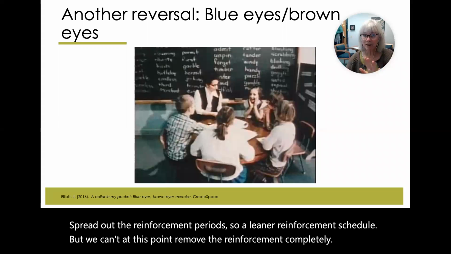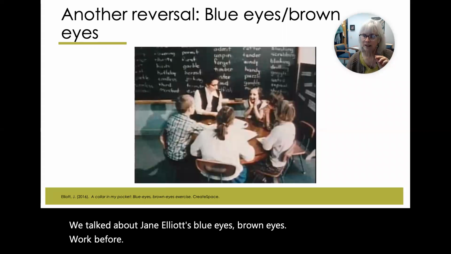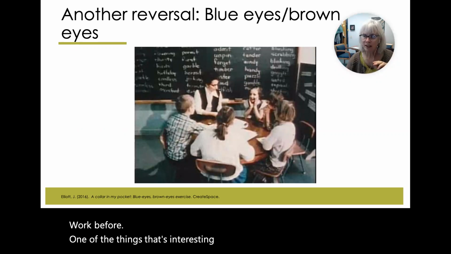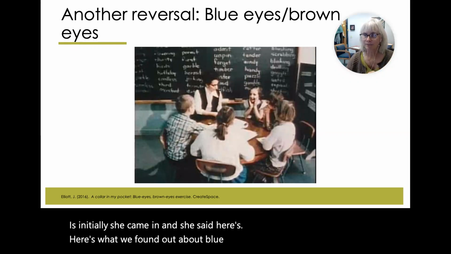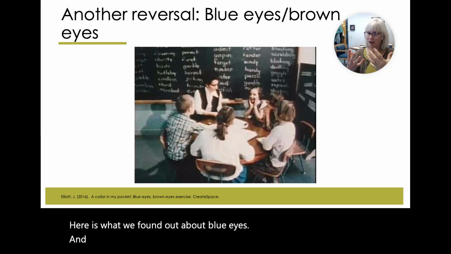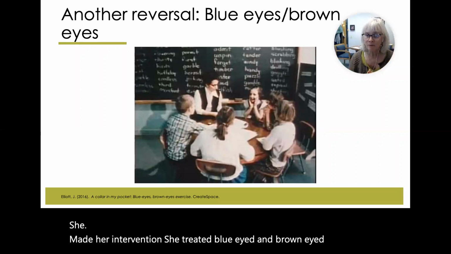Now, we talked about Jane Elliott's Blue Eyes, Brown Eyes work before. One of the things that's interesting in what she did is that initially she came in and said, here's what we found out about blue eyes. And she made her intervention. She treated blue-eyed and brown-eyed children differently.